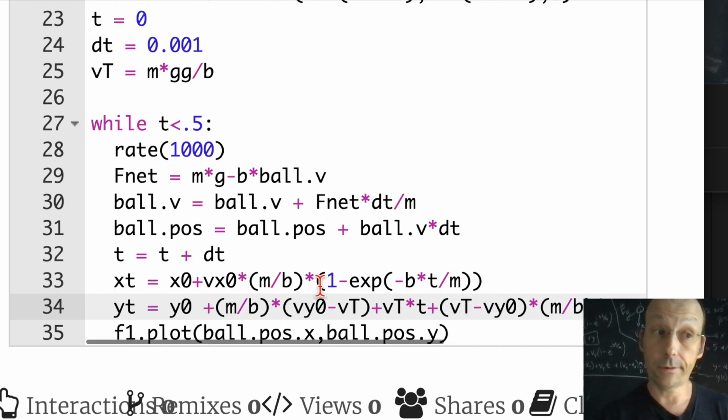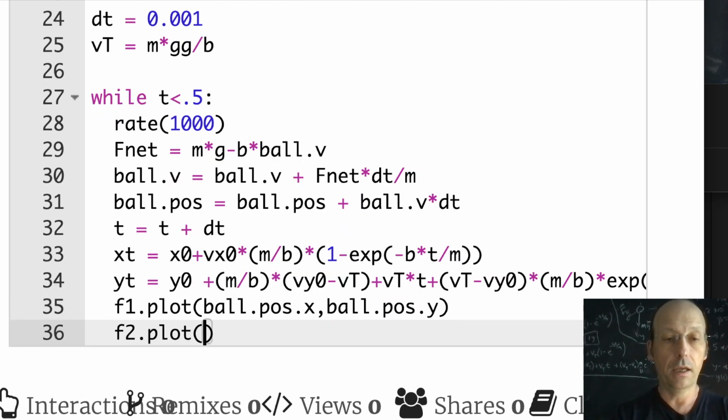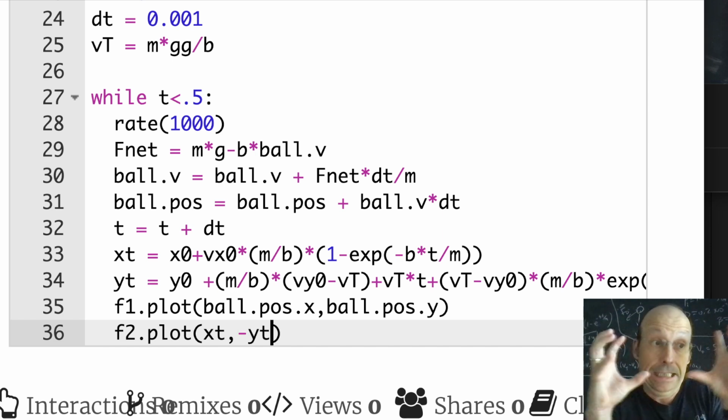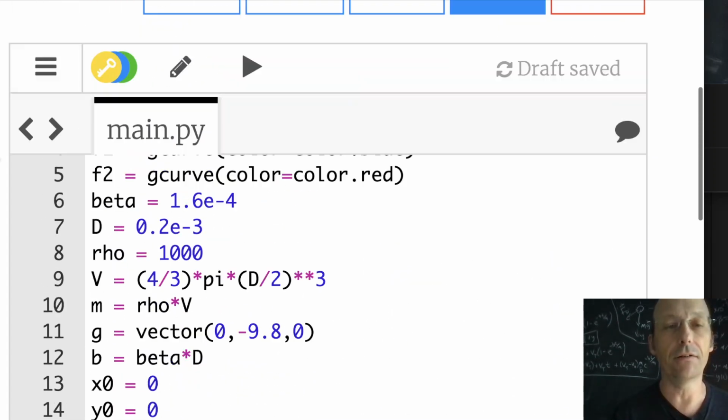If this works, I'm just going to be like, what? Can't believe it happened. Okay, so now I'm going to plot that. F2 dot plot xt negative yt. I don't know if it's going to work. I did save it. Let's save it again, though.